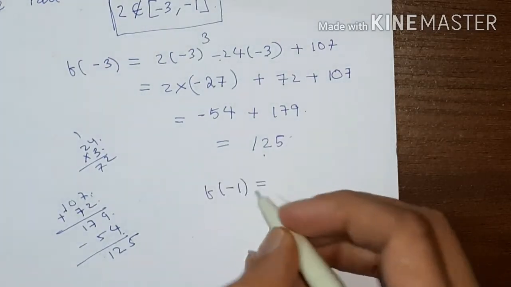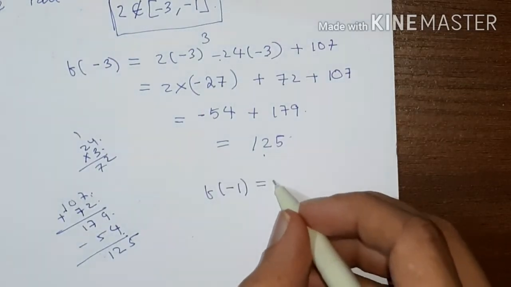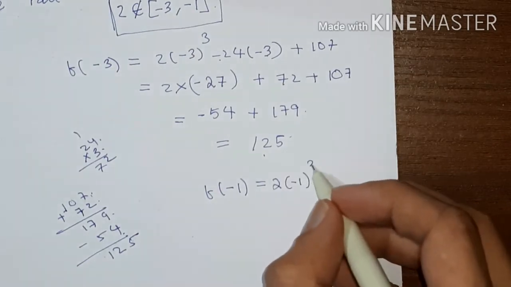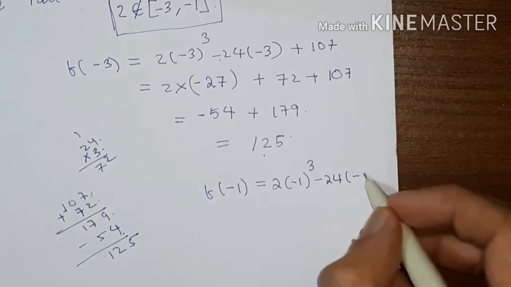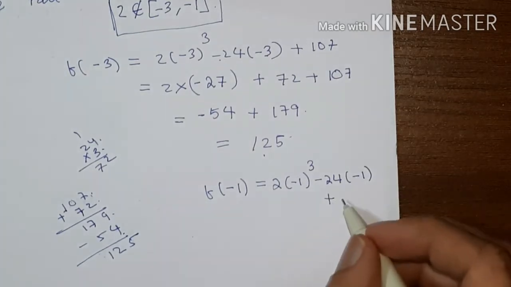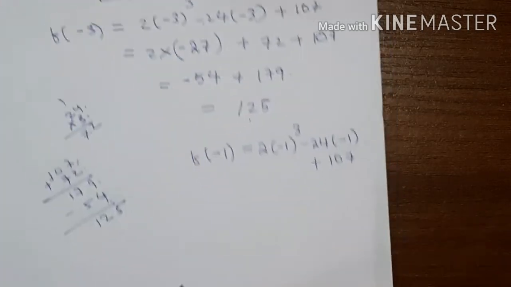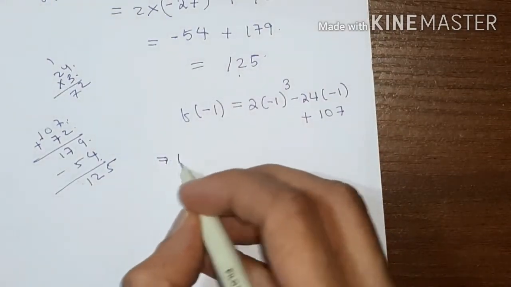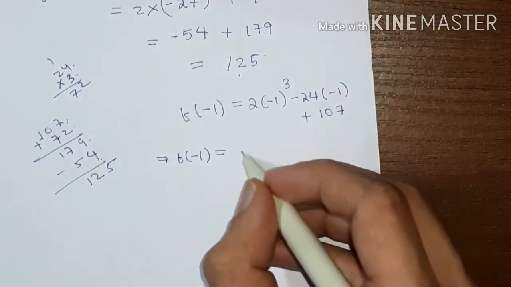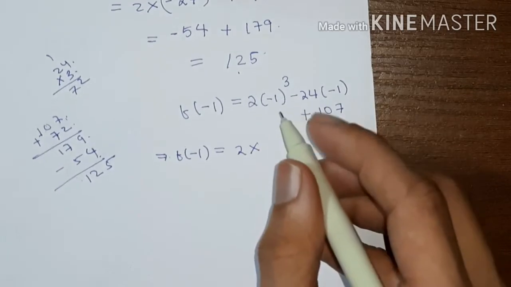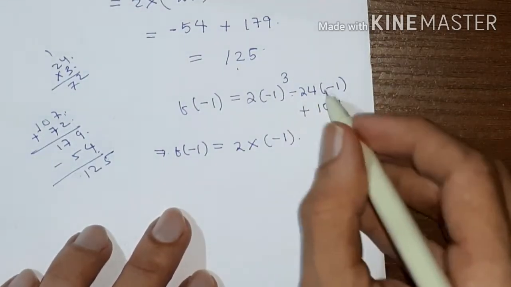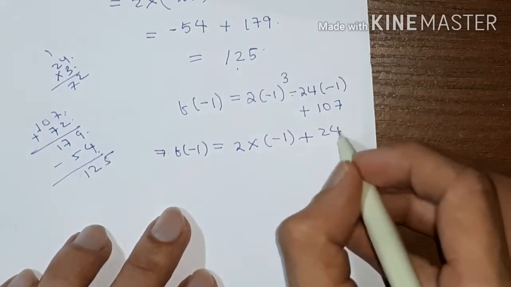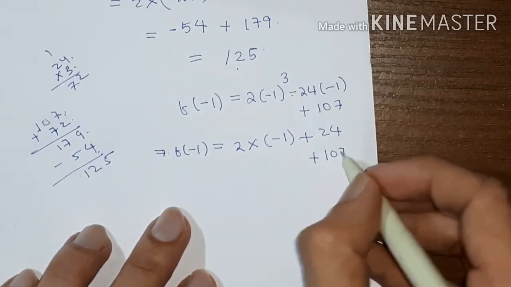Now the next value, that is f of minus 1. That is nothing but 2 times minus 1 cube, minus 24 multiplied by minus 1, plus 107. So 2 times minus 1 cube is minus 2, minus minus plus 24, plus 107.